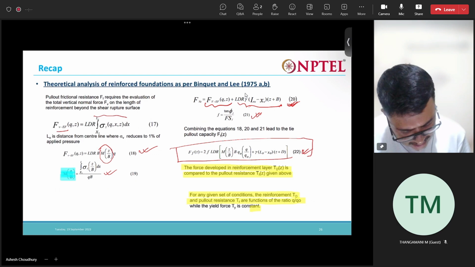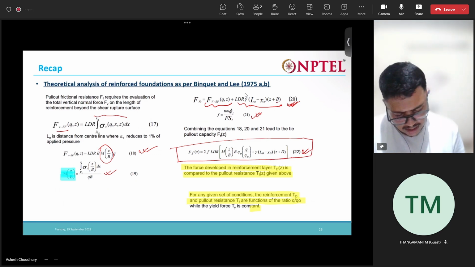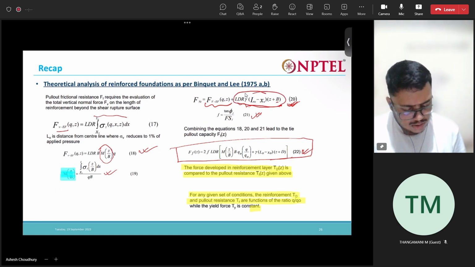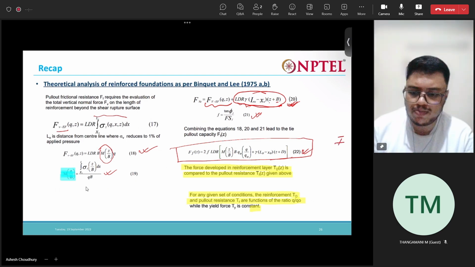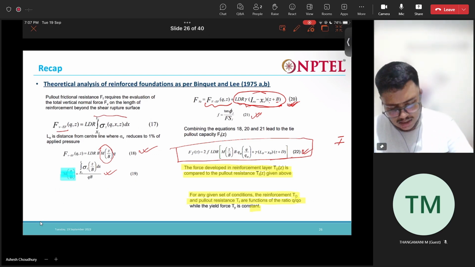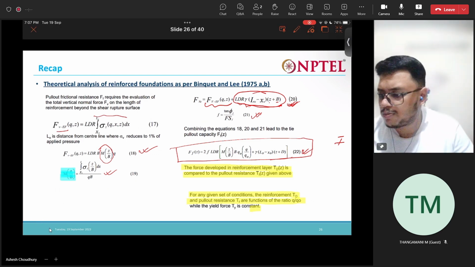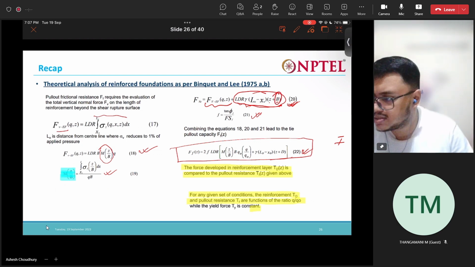This B, I think this is not B, this should be Z plus D. That is the overburden, because gamma times this term actually comes from the overburden pressure. So this should be Z plus D. D is nothing but the depth of the foundation. While solving the problem, I guess this was Z plus D only. So please check this term once.